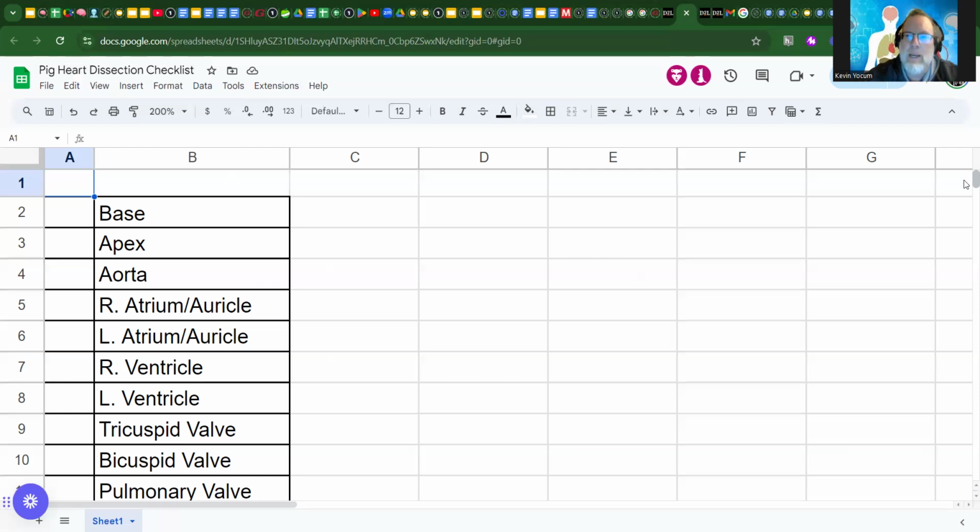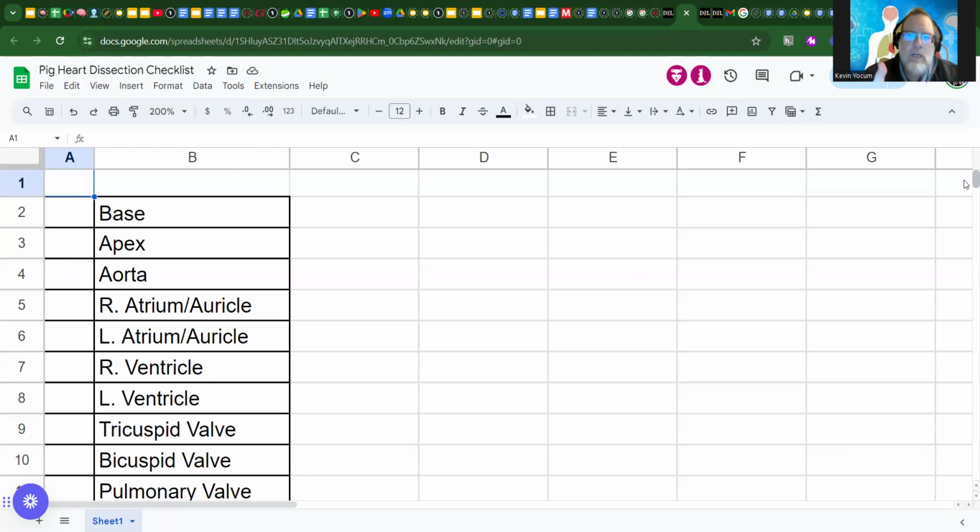And by the way, after we do heart, I don't have a dissection checklist or PowerPoint or Google Slides for the sheep pluck, the sheep digestive tract, or the kidneys, primarily because the pluck and the digestive tract are demos in essence.